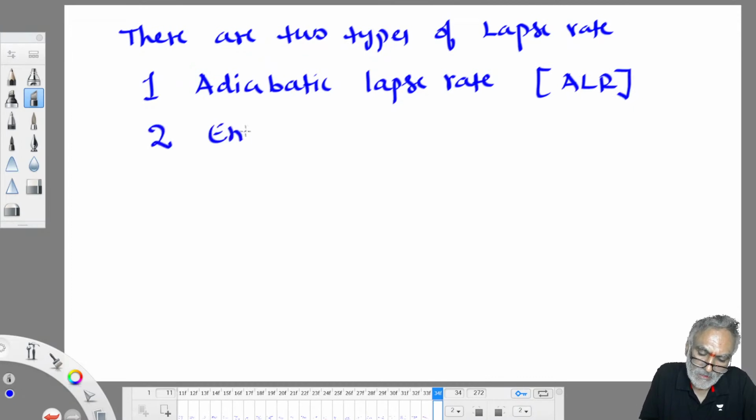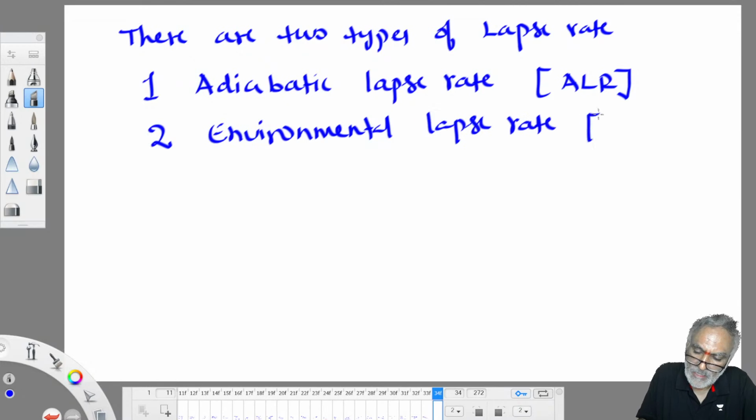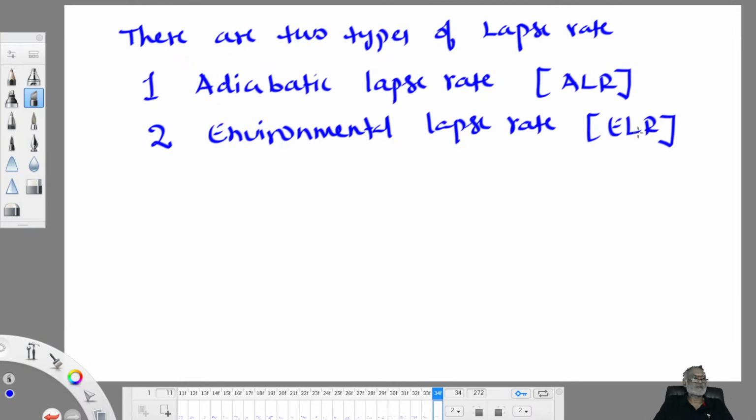The second one is called environmental lapse rate, in shortcut we write it as ELR. So the difference between this ELR and ALR gives rise to vertical movement of air pollutants in the atmosphere.